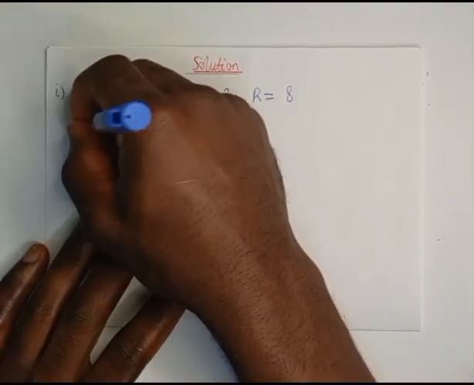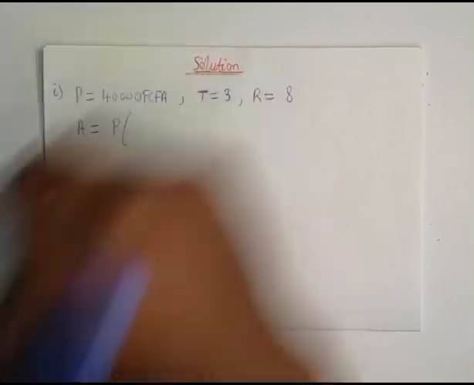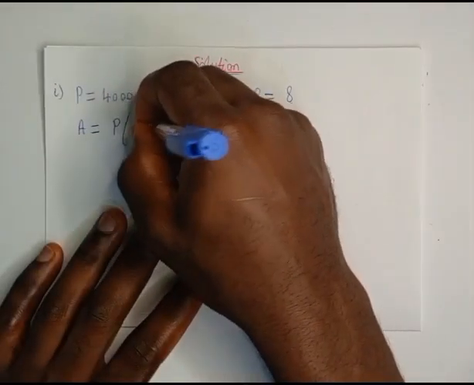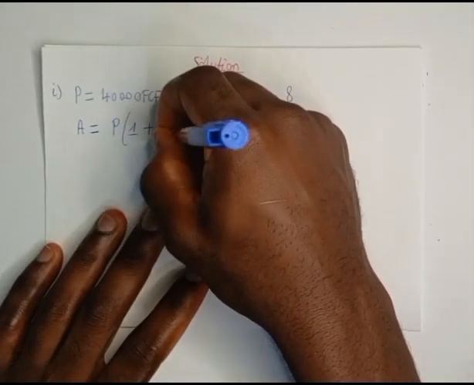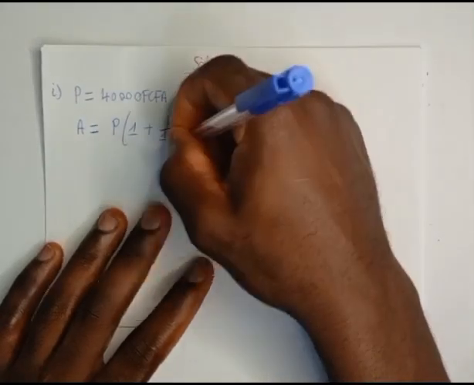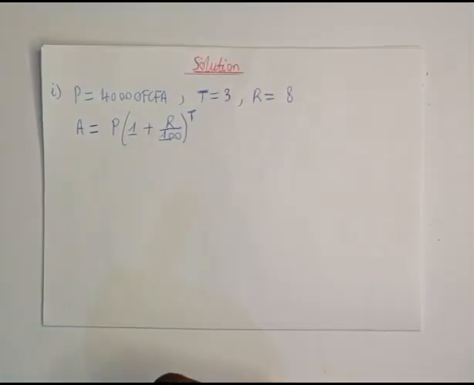We know the amount is equal to the principal times 1 plus the value of the rate all over 100, all this raised to the power T, where T is the time.